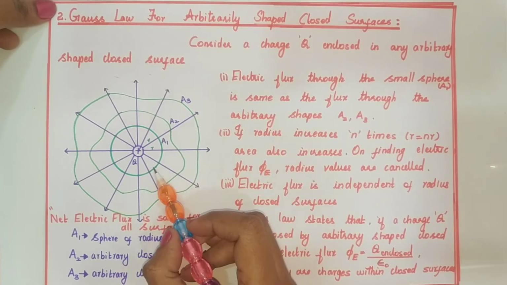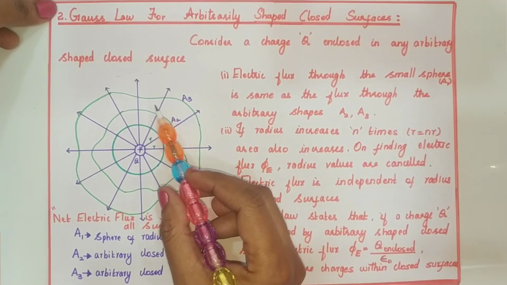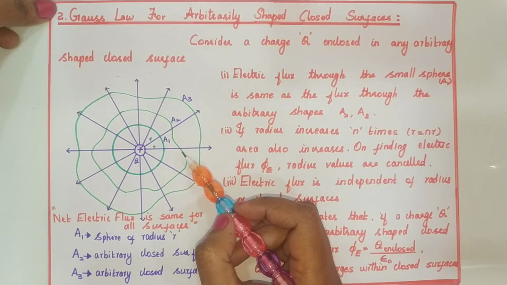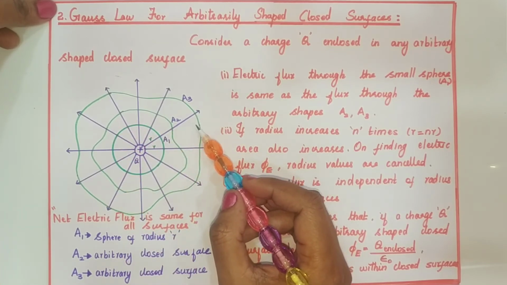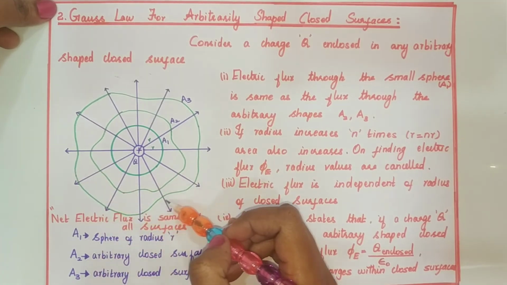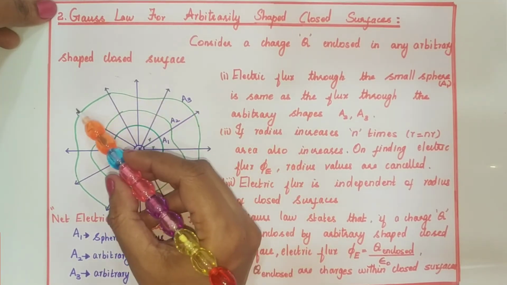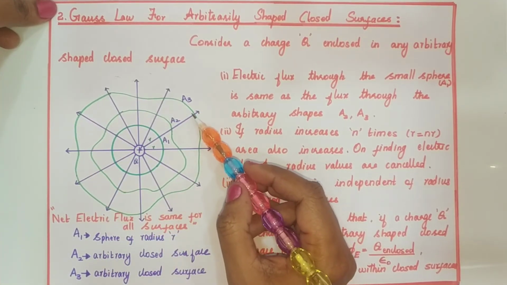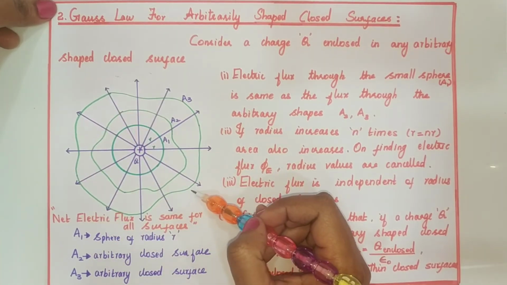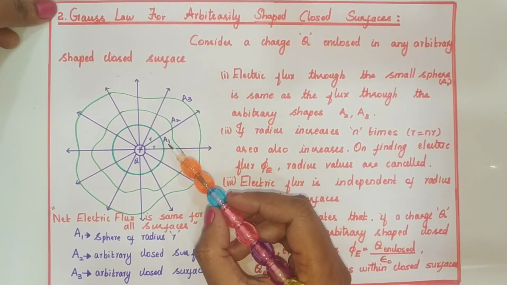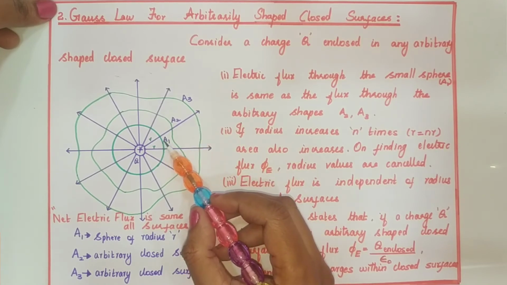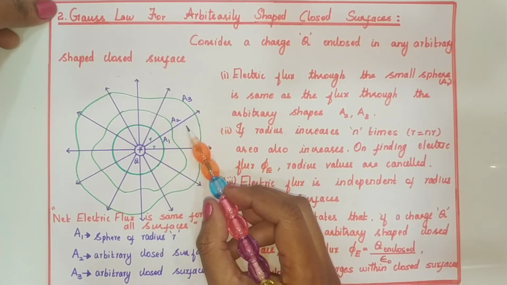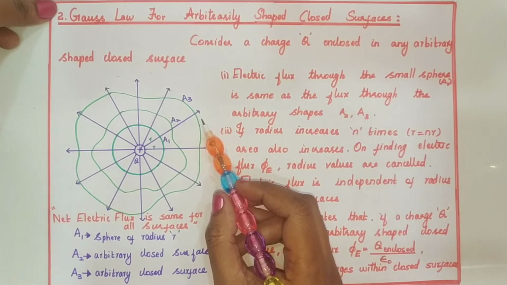Okay, next we are increasing the radius, and the shape is also arbitrary, and it possesses an area A2. And next, for further increase of radius, the area A3 is formed, which is also arbitrary. Now our question is whether the electric flux, that is the electric field lines coming out of A1, A2, A3, are the same or not.